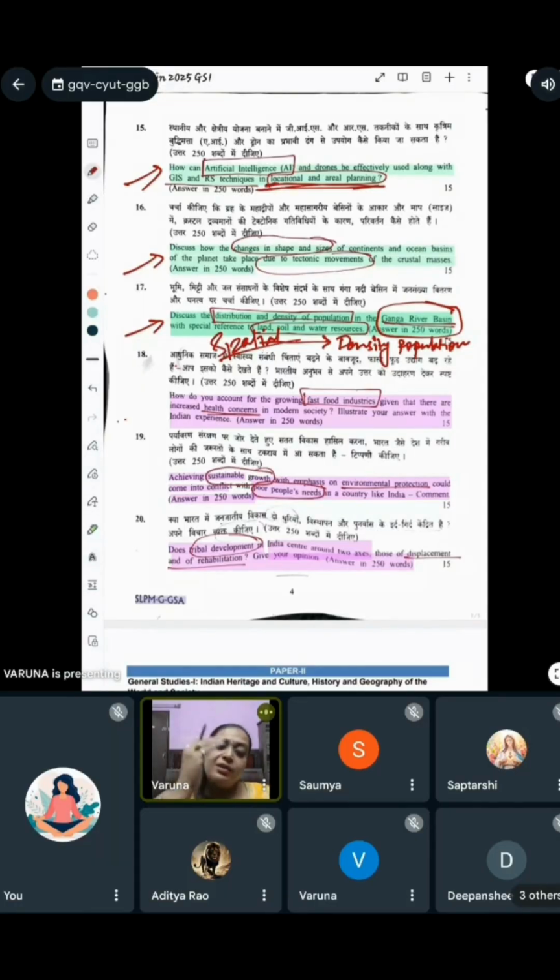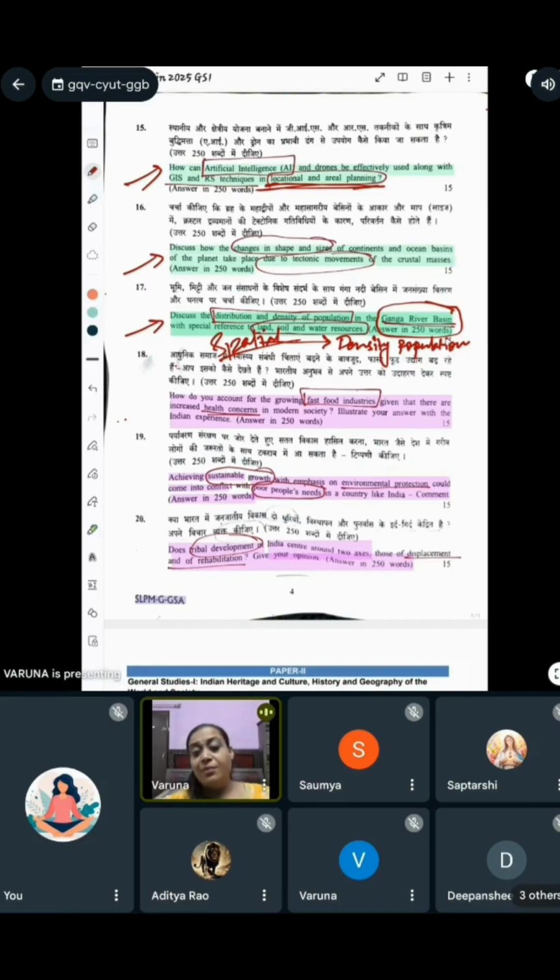In the west the land is plenty, but that's why the overall population density is lesser in western regions. So from west to east, we can see an increasing trend of population density. The land is limited in the east, land is plenty in the west, but the fertility of soil and water resources availability is lesser in the west, and that's why population density is lesser.